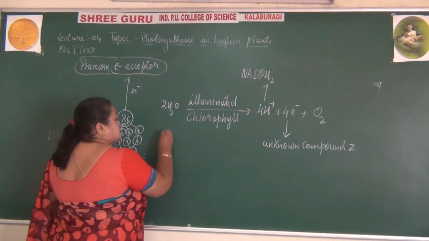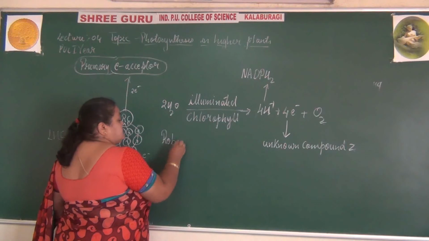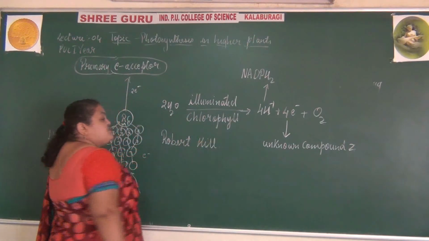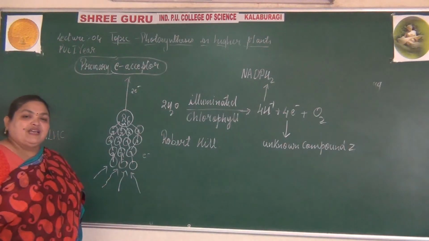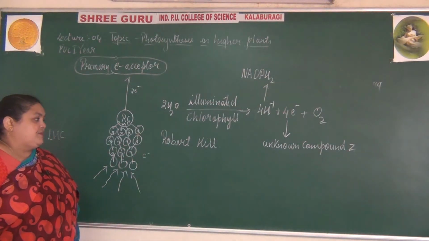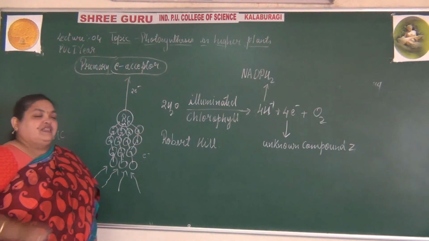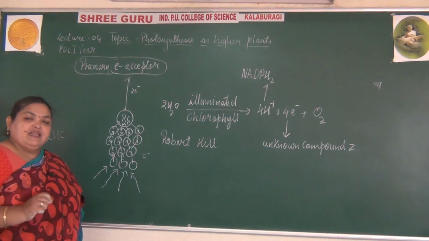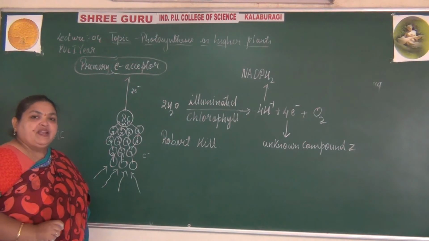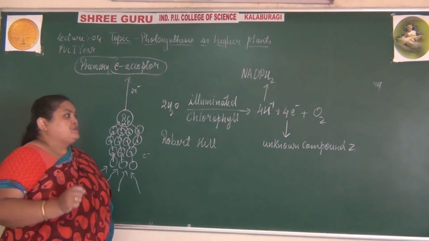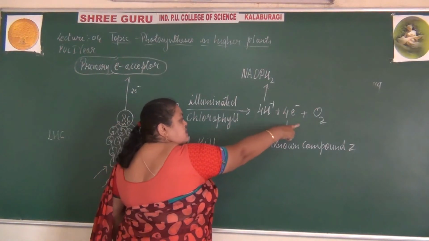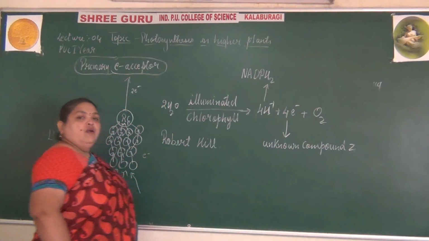So it was the contribution of the scientist known as Robert Hill. This reaction is also called the Hill's reaction, where he said that when water molecules are illuminated by light, they split into protons and electrons with the release of molecular oxygen.